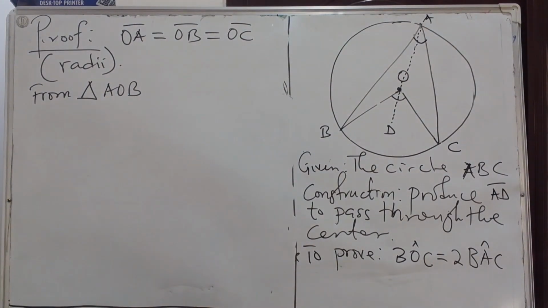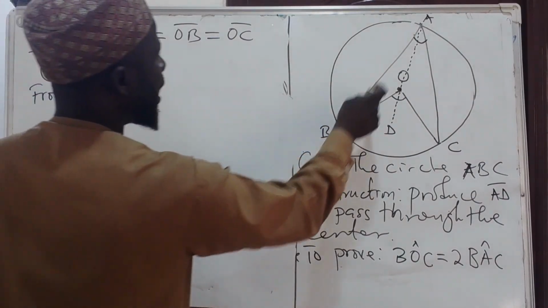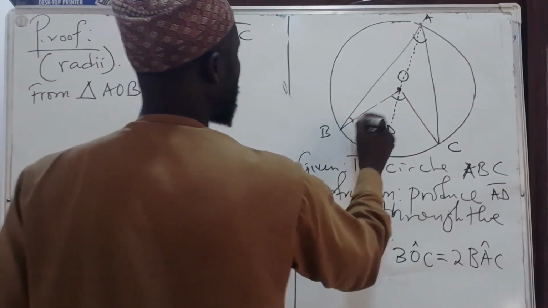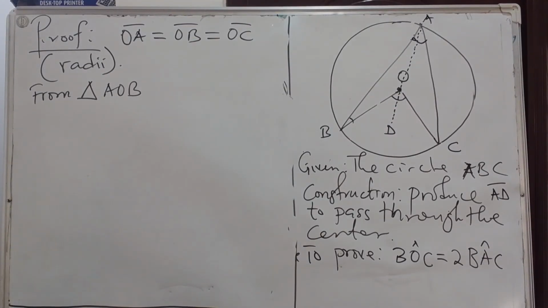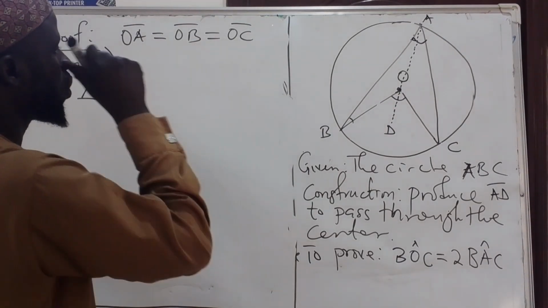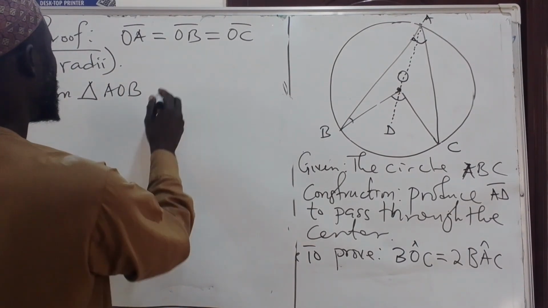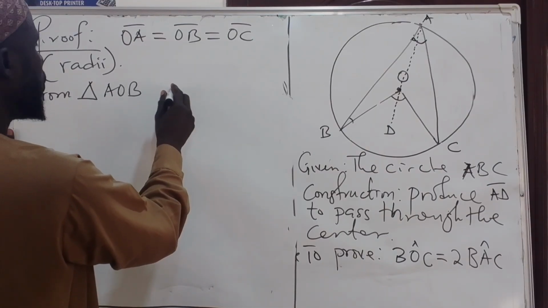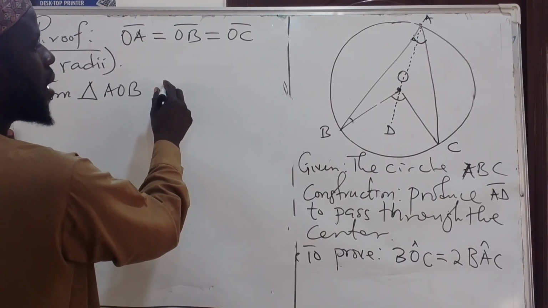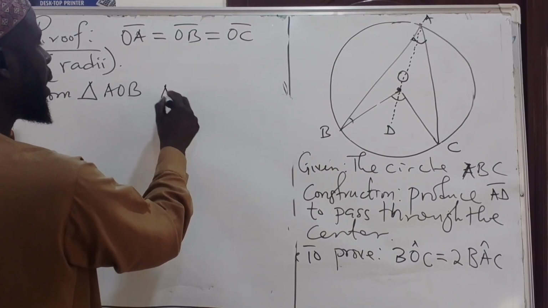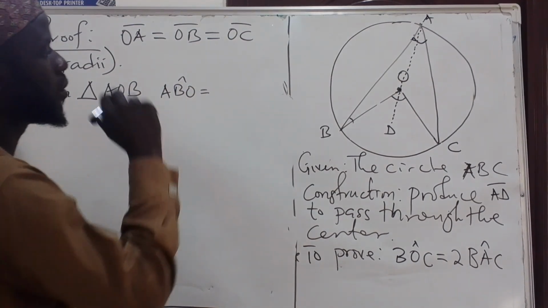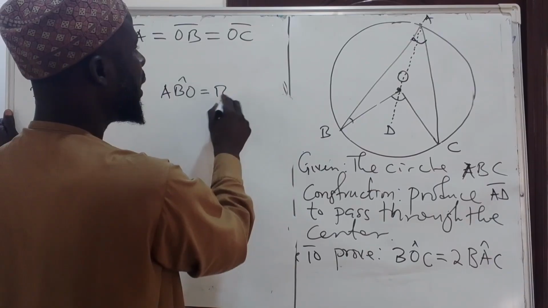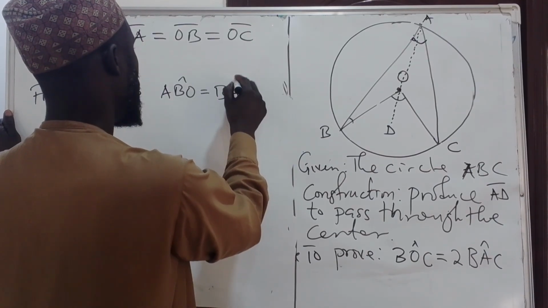So it means this is an isosceles triangle, and so the base angles are the same. From that triangle, angle ABO is equal to angle BAO.